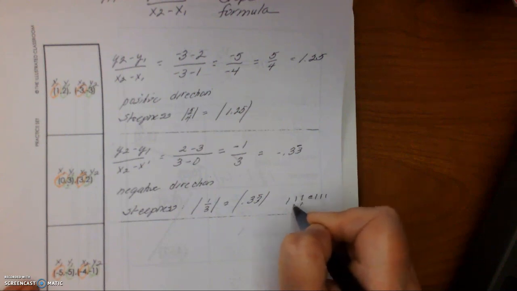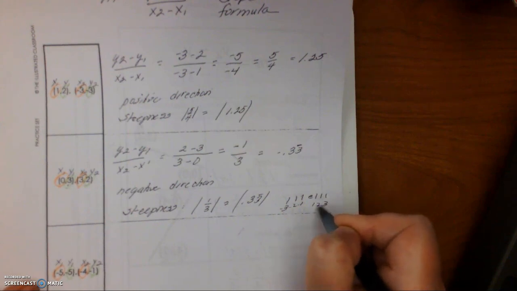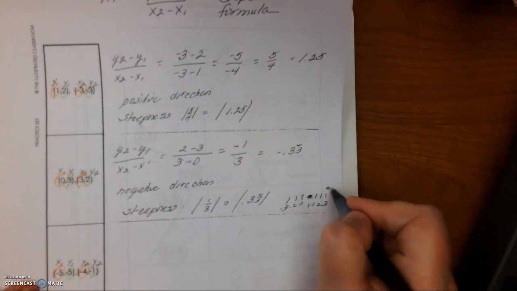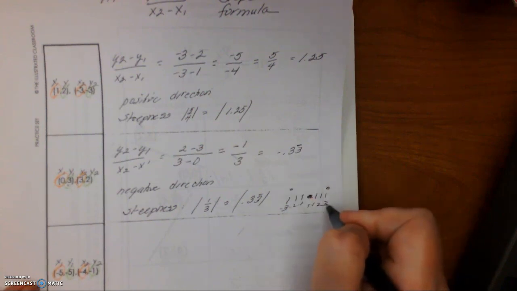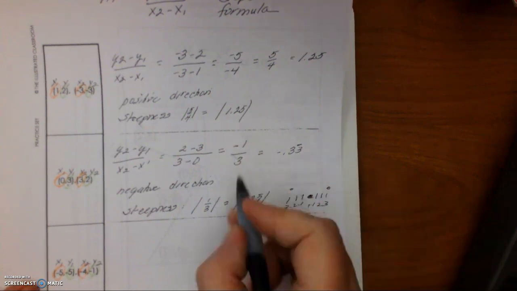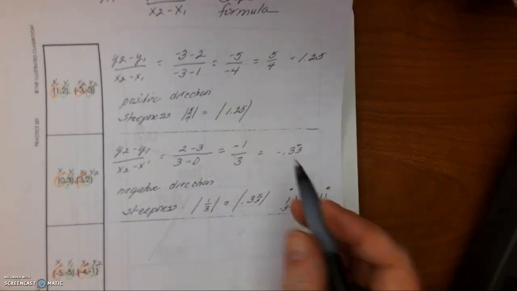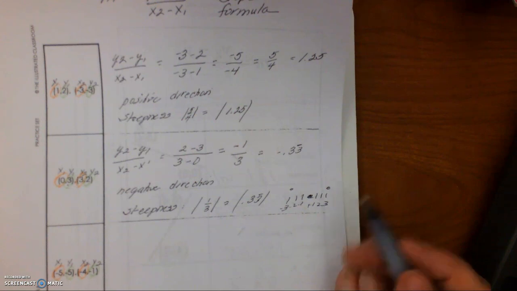So if this is 1, 2, 3, this is negative, and this is 1, 2, 3, positive, and this is 0. If it's here or if it's here, they're both 3 points away from 0. So that's why we're calling it absolute value.